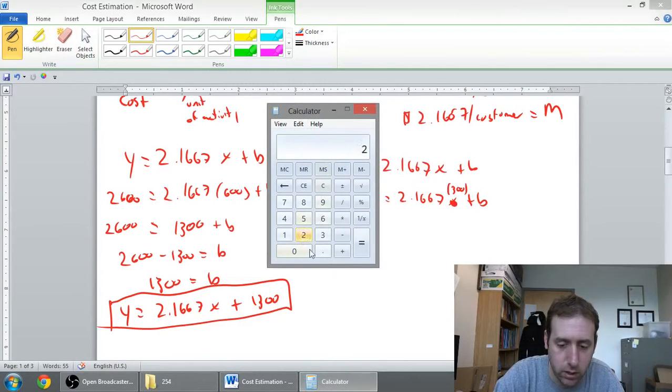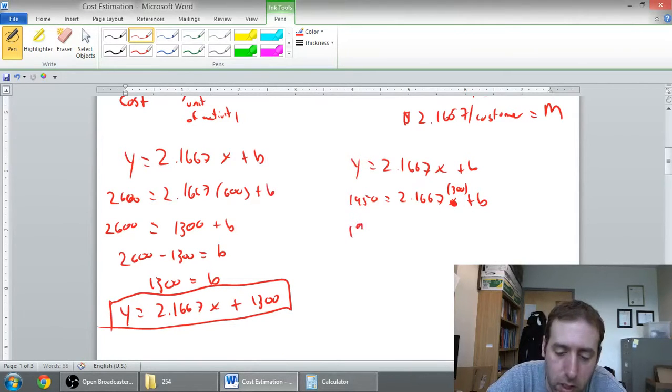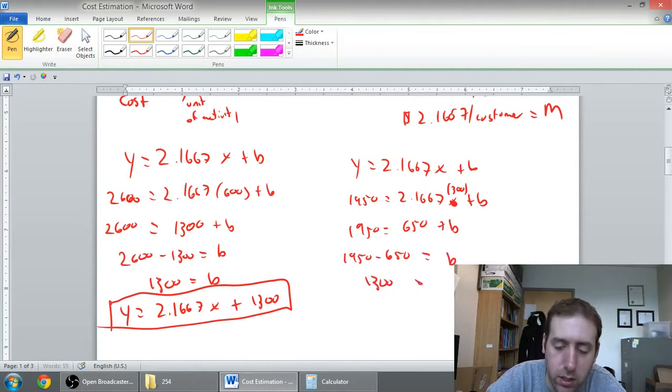2.1667 times 300 is 650. So 1950 equals 650 plus b. Change the side, change the signs. 1950 minus 650 equals b. 1300 equals b.